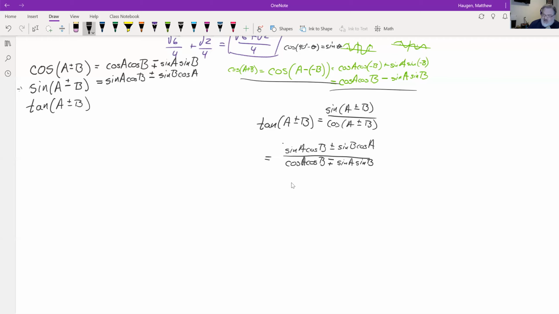And frankly, we could stop there and say, hey, that's our tangent tool. But it's actually a really handy manipulation. If we multiply the top of this by 1 over the cosine of A cosine of B, and the bottom of this by the same, of course they have to be the same, cosine of A cosine of B, something really nice happens.